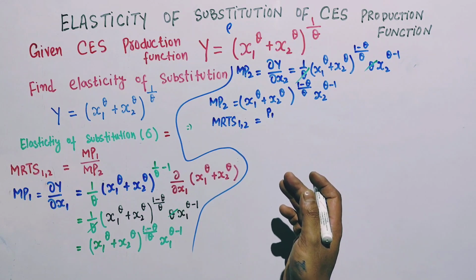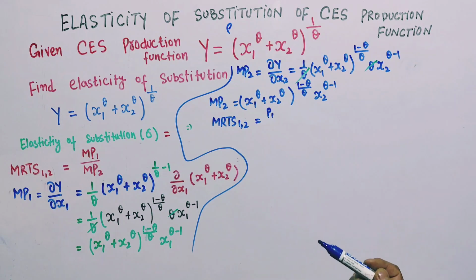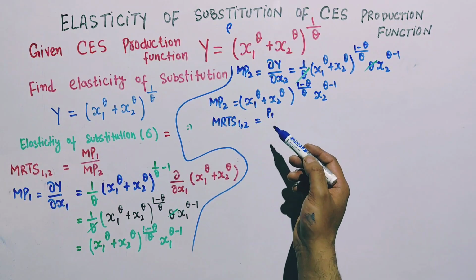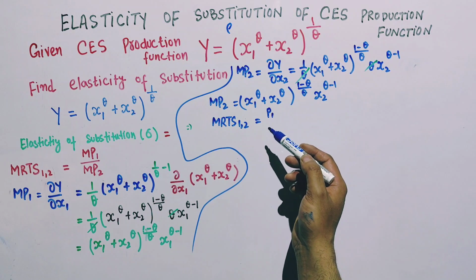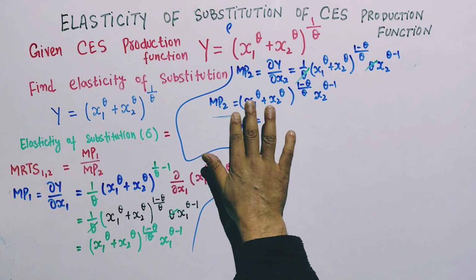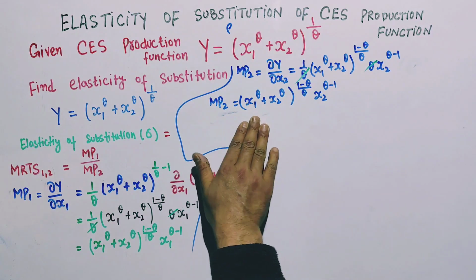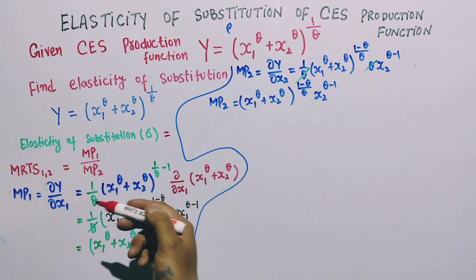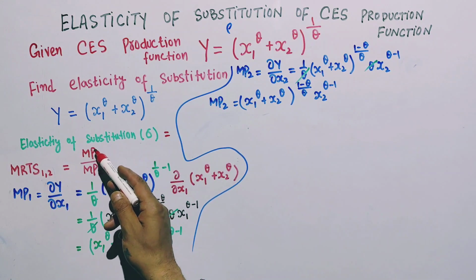What we are doing here is equating the marginal rate of technical substitution with the ratio of MP1 upon MP2.